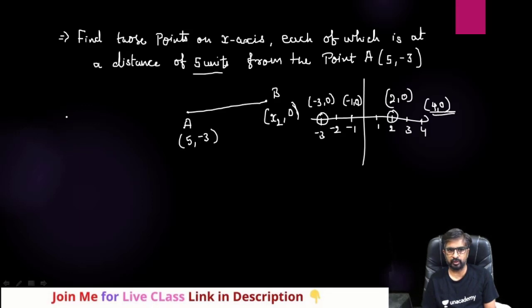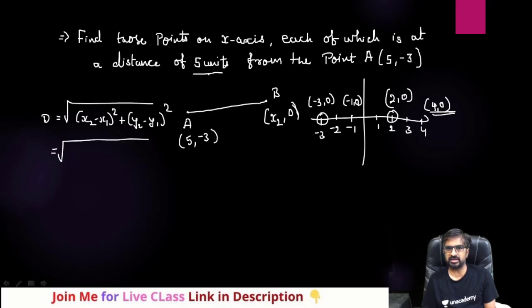The same distance formula: distance equals the square root of (x2 minus x1) whole square plus (y2 minus y1) whole square. Here the distance is given to you, so directly we keep 5.